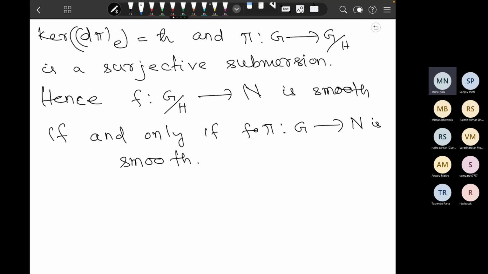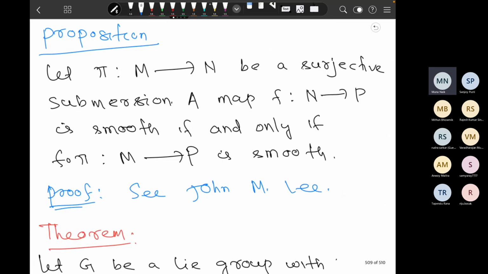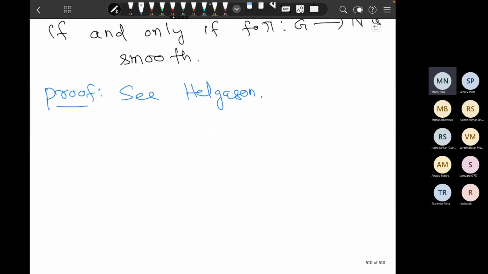For the proof of the second part you can apply the previous proposition, and for the first part you can see it as well. You will use this later.